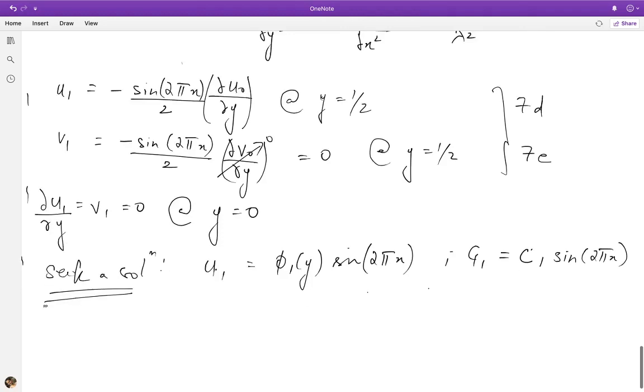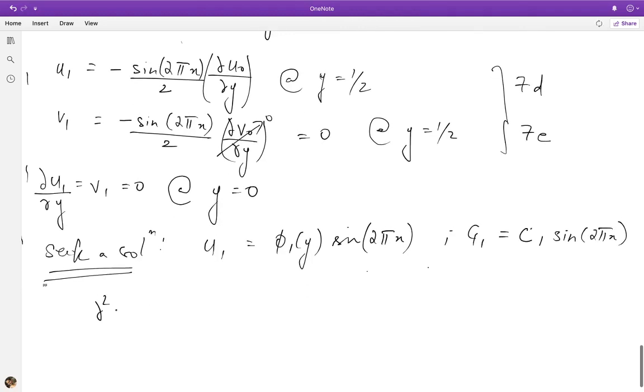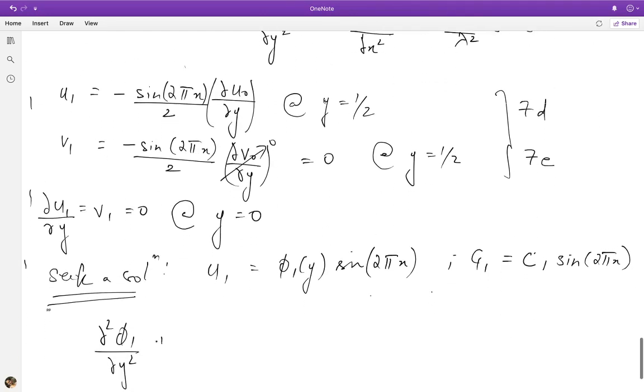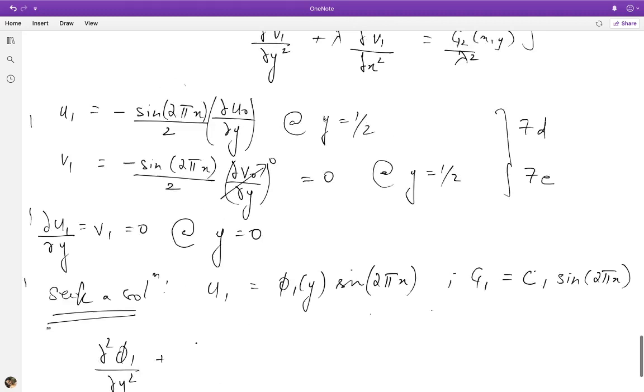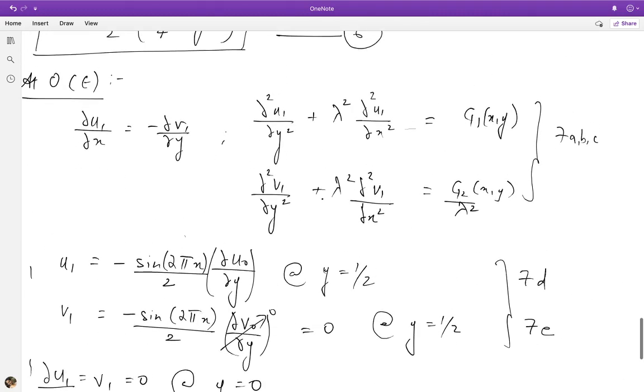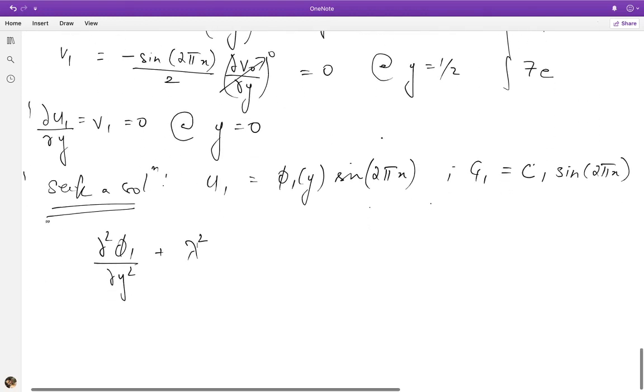So what we'll obtain is simply ∂²φ1/∂y² times sin 2πx, which comes out, plus we'll have λ² multiplying, of course, now we take two derivatives with respect to x.